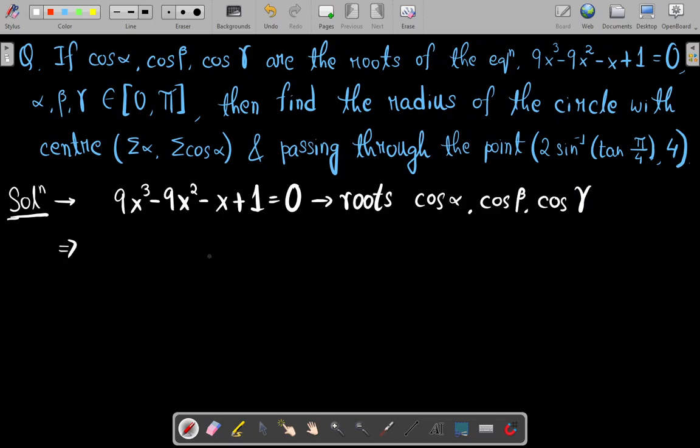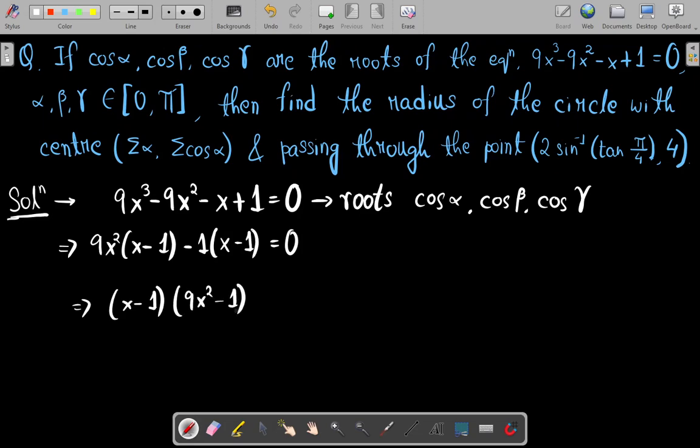Instead of using the summation of roots and product of roots, this equation seems to be very easily factorizable. If in the first two terms I take 9x square common, this will become x minus 1. And if I take minus 1 common from the third and fourth term, this will become x minus 1 again. So this becomes x minus 1 times 9x square minus 1 equal to 0.